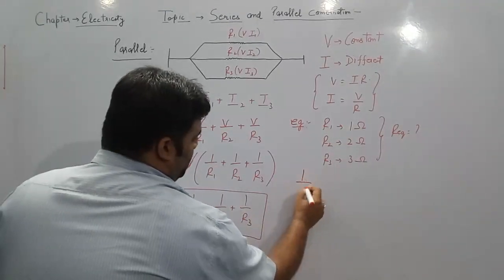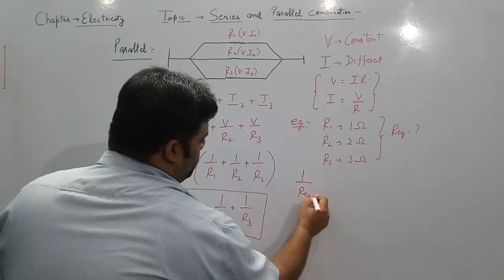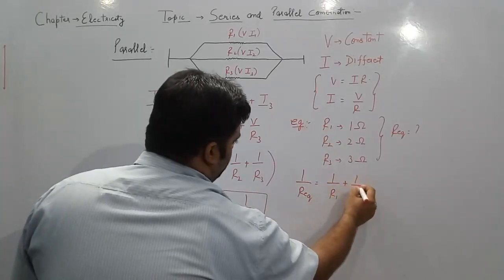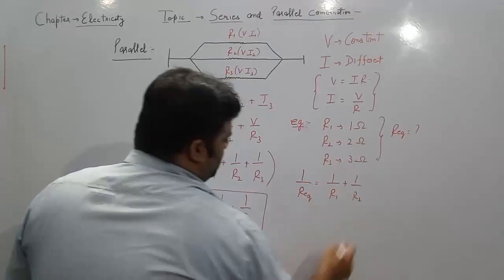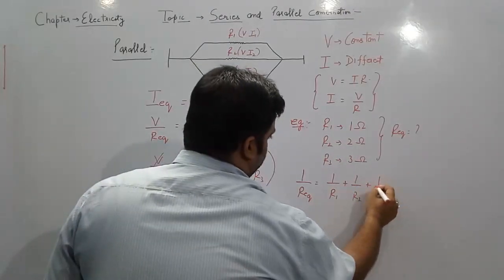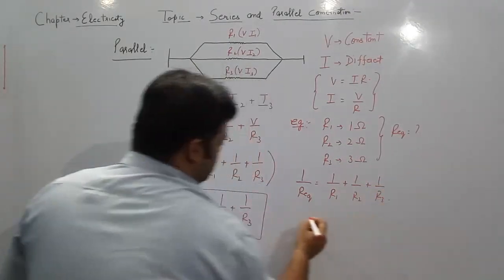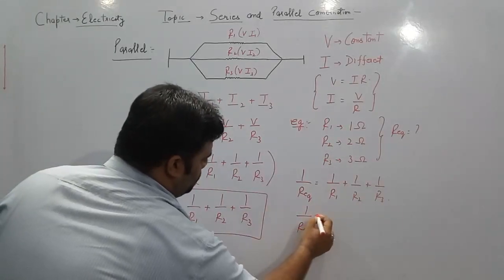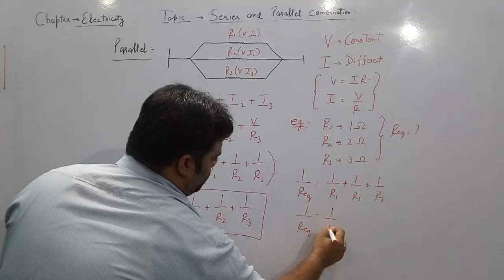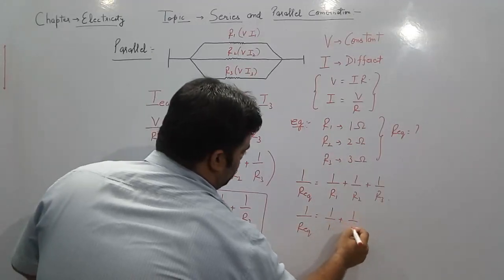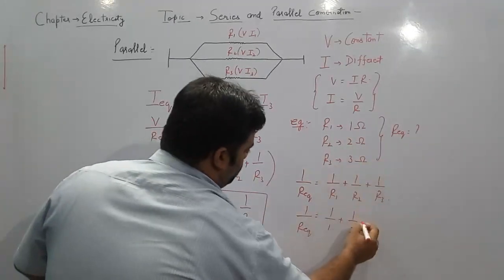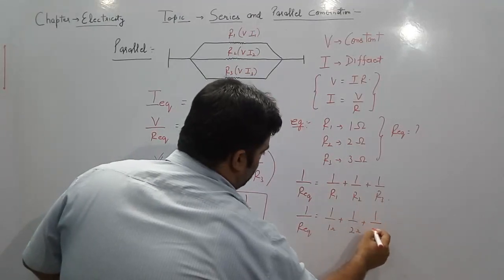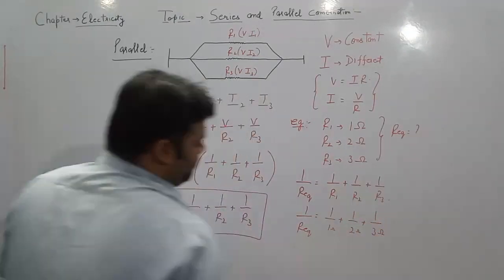We use this formula: 1 upon R equivalent is equal to 1 upon R1 plus 1 upon R2 plus 1 upon R3. 1 upon R equivalent is equal to 1 upon 1 plus 1 upon 2 plus 1 upon 3 ohm.